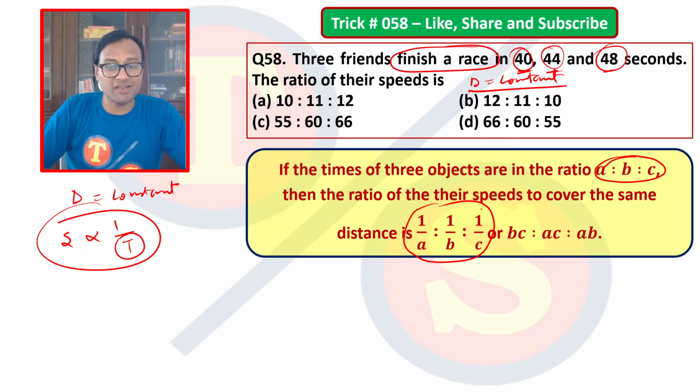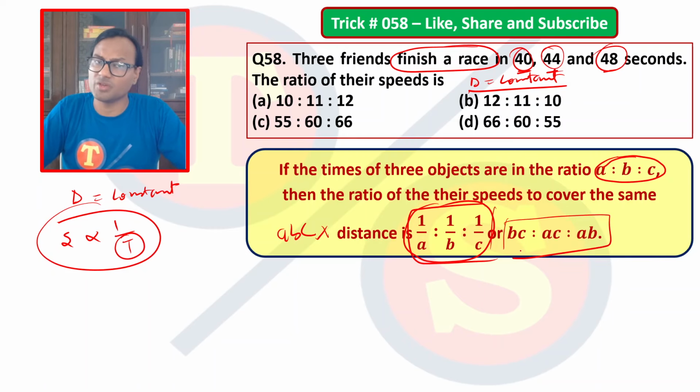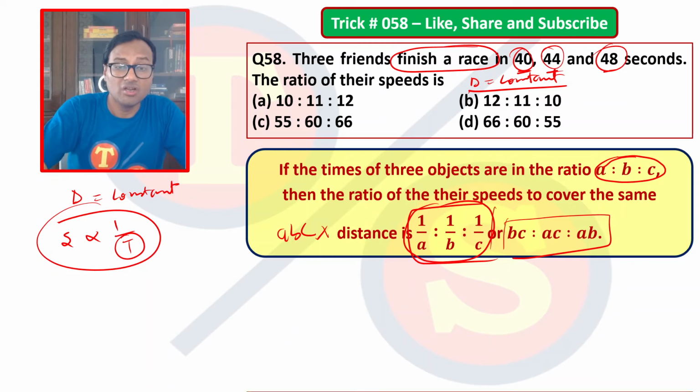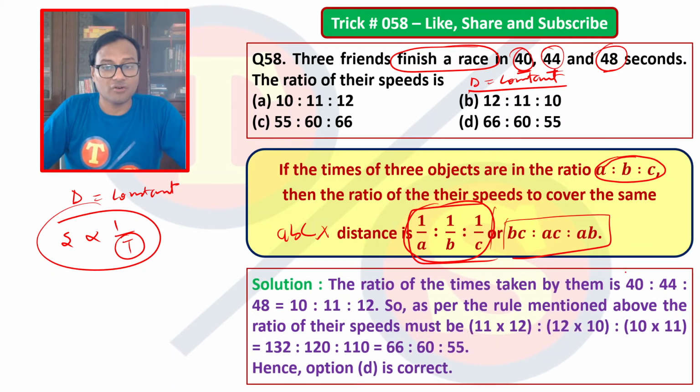If you multiply this ratio by abc, you can also write it as bc is to ac is to ab. They both are one and the same thing. You can apply any one of them. Now if I have these values 40, 44 and 48, the ratio between their times is 10 is to 11 is to 12.